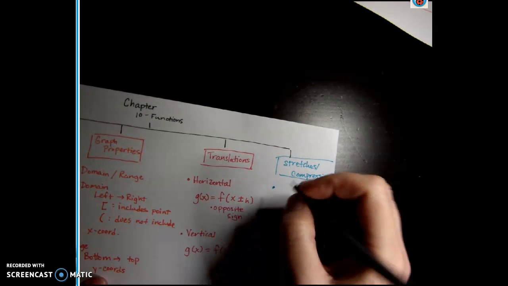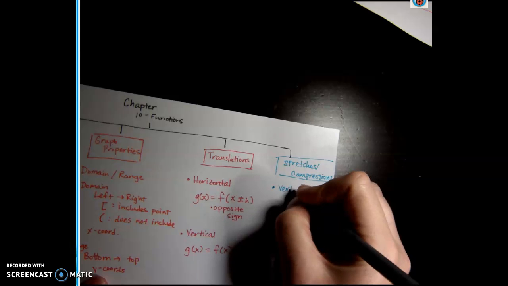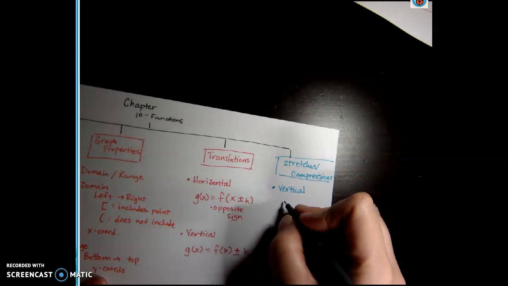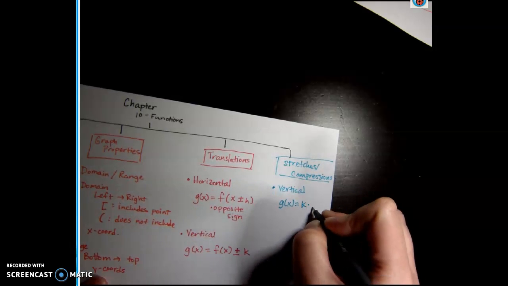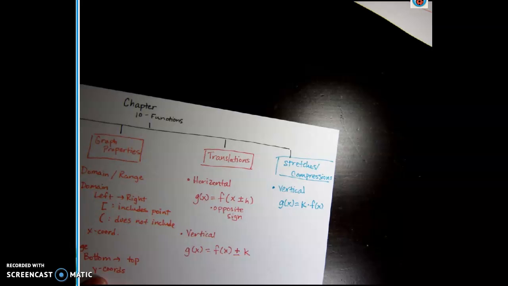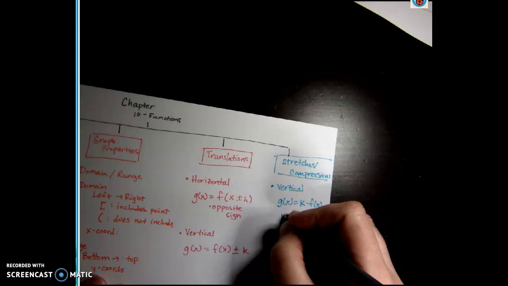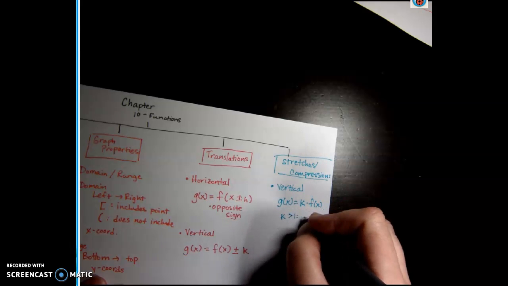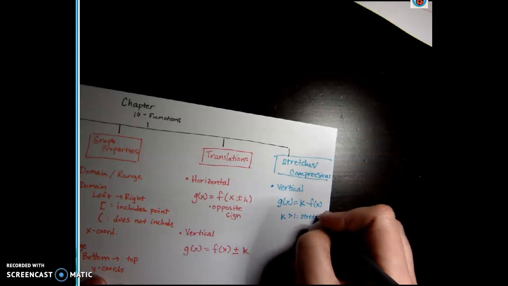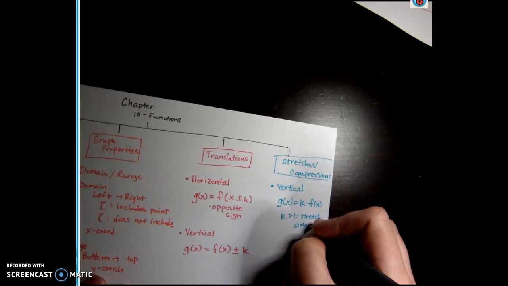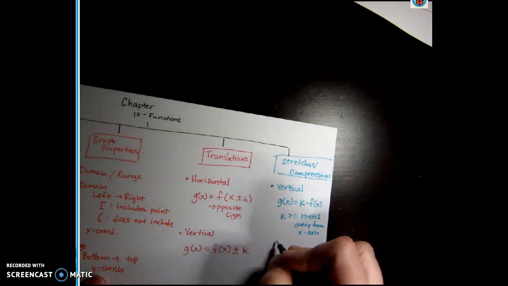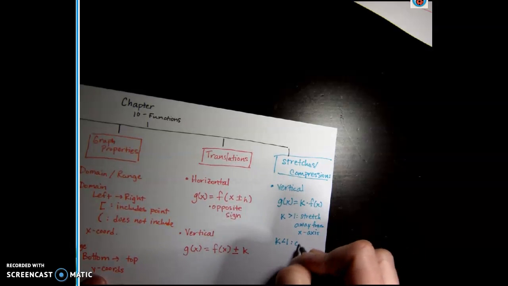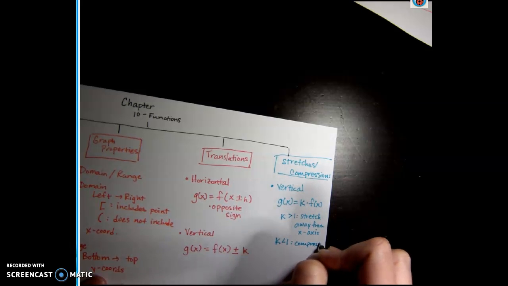There's a vertical stretch or compression, and a vertical stretch or compression would look like a number k outside times your function. And if your k is bigger than 1, that's going to be a stretch away from the x-axis. And if your k is less than 1, that's going to be a compression towards the x-axis.